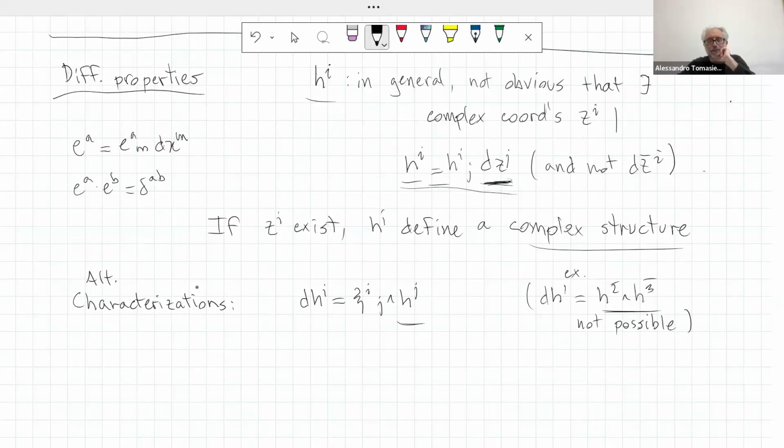You will have the derivatives of these guys, yes, but this will remain here. So then re-expressing the dzj in terms of the hi, what I wrote follows. Is that clear? Yes, thanks.